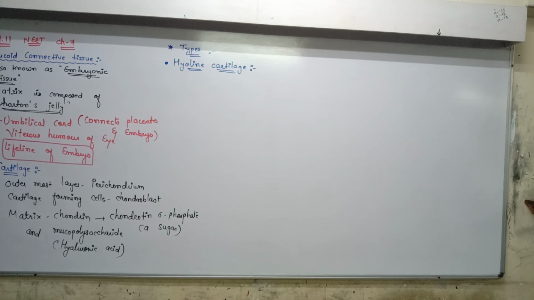The Eustachian tube connects the middle ear and the pharynx.